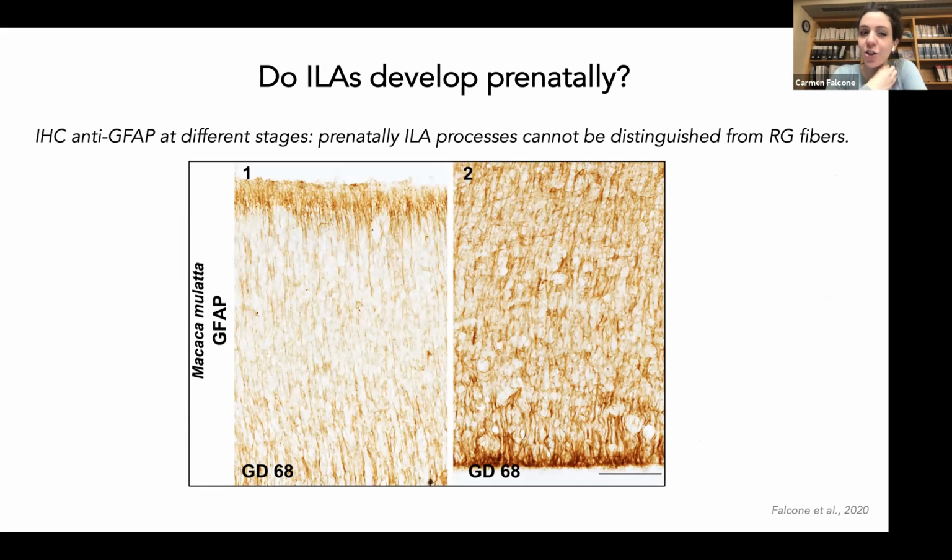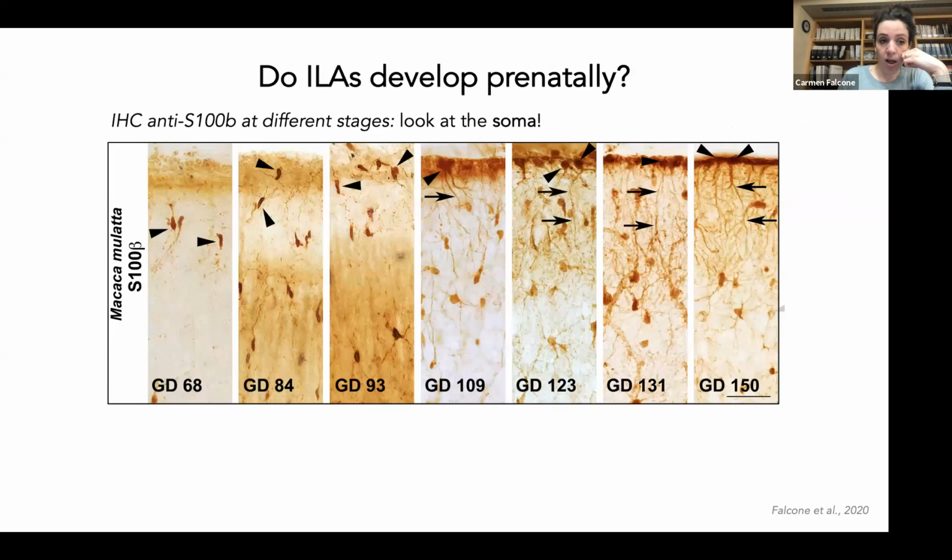We did an anti-GFAP staining, but it was very difficult to distinguish them from the radial glia cells close to the ventricle, because they also express, like I said before, this marker. So the processes of the prenatal interlaminar astrocytes could not be distinguished from the processes of the radial glia cell fibers. And so this is why we used the anti-S100 beta marker.